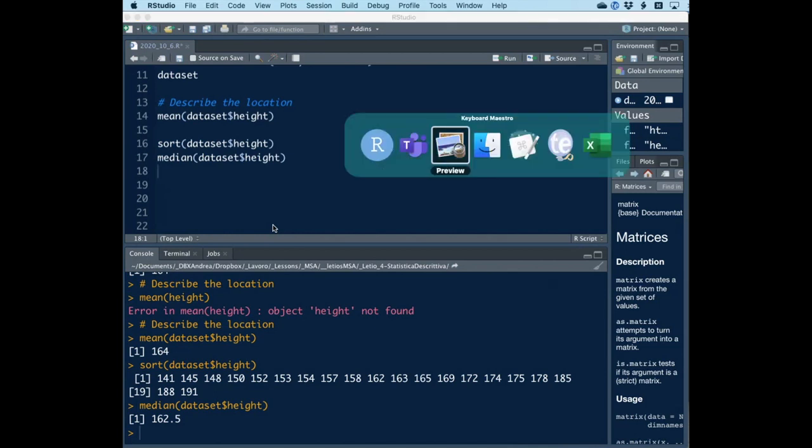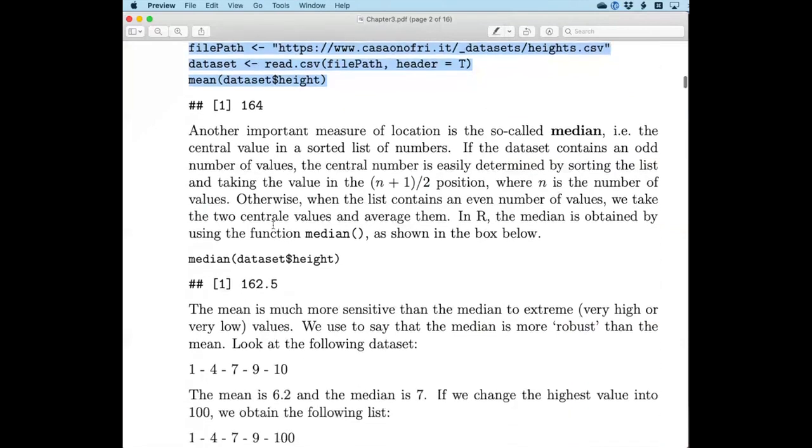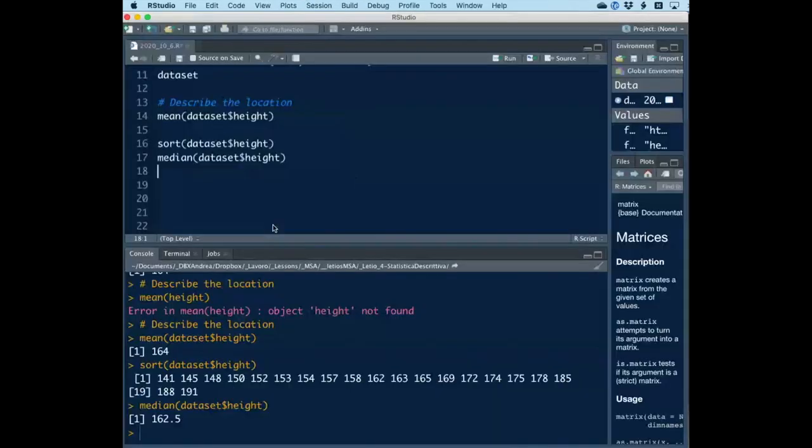So it is important to say what are the properties of the median. We say that the median is more robust. So the mean is important, but the median is more robust.